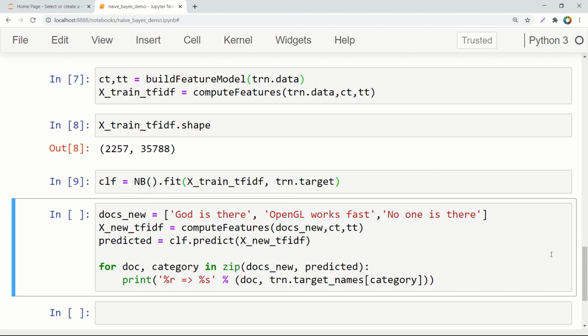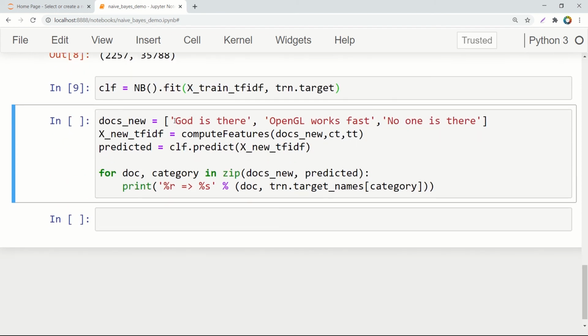Once we have fit the model, let's classify different documents. Let's say this is a document saying God is there. Another document, let's say OpenGL works very fast, and the other document, no one is there. These three are the documents, and we want to check the topics of these documents. By the way, these are documents that we have just written, and they are not there in the training data.